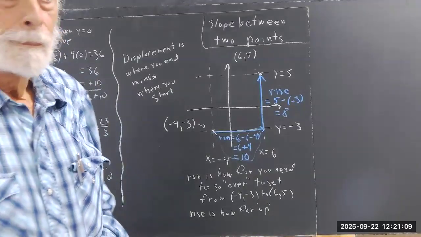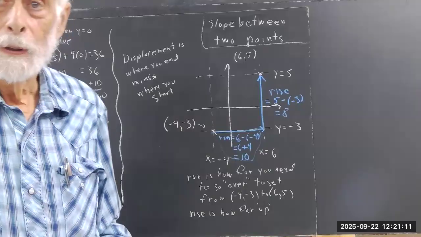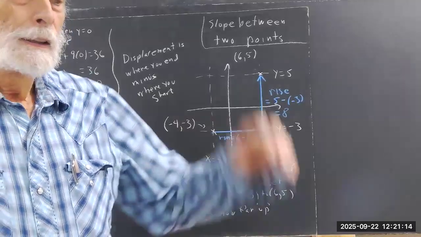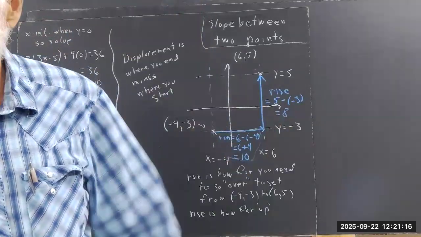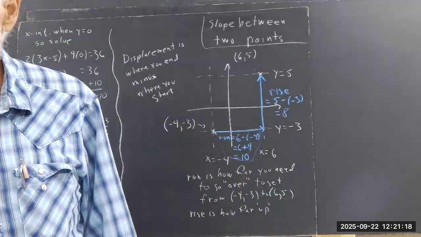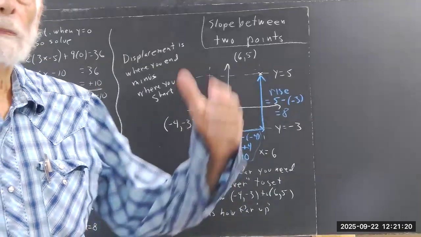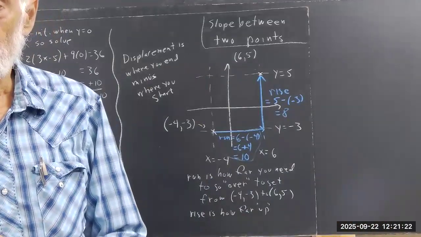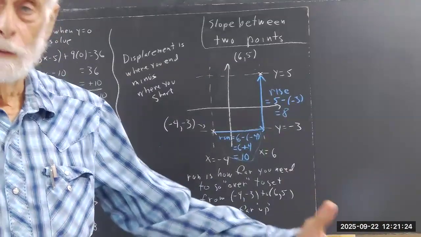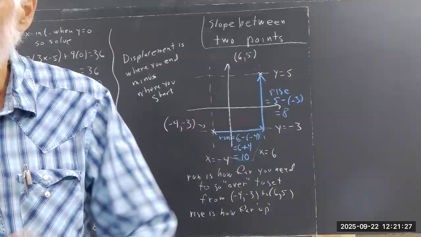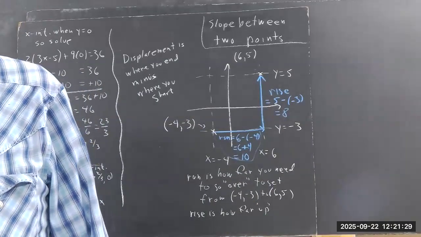Okay. If you want to know what the displacement is from exit 14 to exit 19, you do 19 minus 14, right? If you want to know what your displacement from 19 to 14 is, you do 14 minus 19, which gives you -5, meaning you're going 5 miles south. Okay.